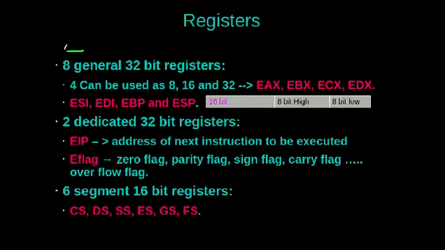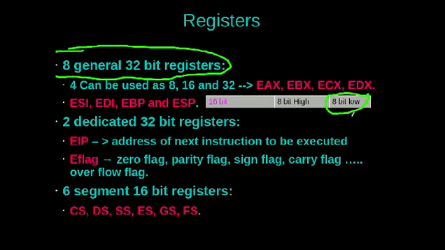Registers. Remember, we had 8 general purpose registers, which are 32 bits: EAX, EBX, ECX, EDX. Those are the main 4 that we can divide into 8, 16, and 32 bits. Why can we divide them? So what can I use? This is a byte.